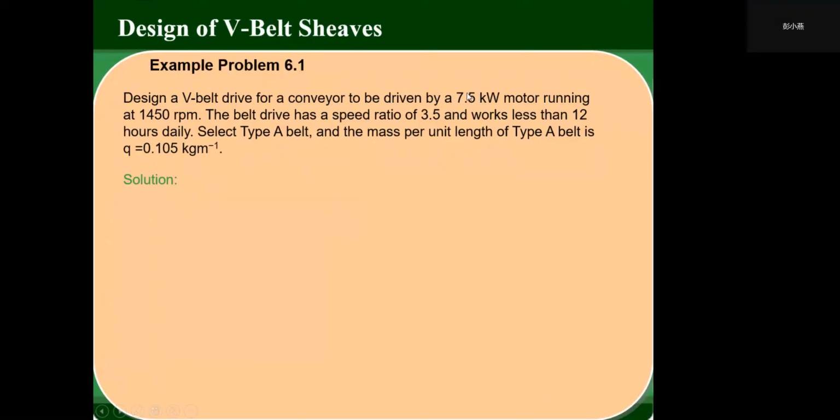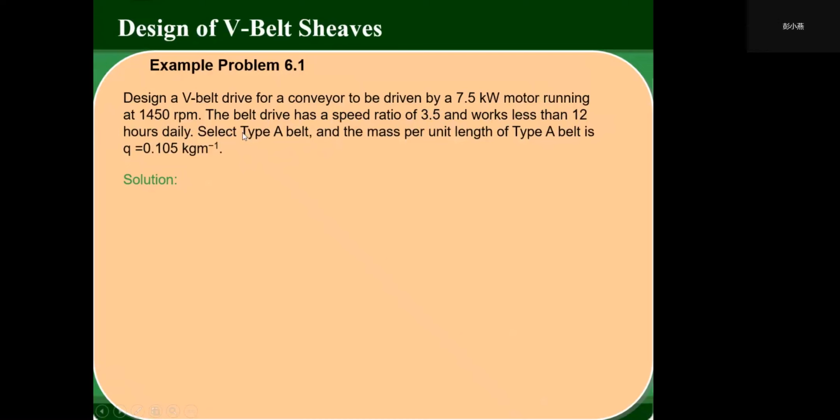The power is 7.5, and the running speed is 1,450 revolutions per minute, and the belt drive has a speed ratio I of 3.5, and works less than 12 hours daily.